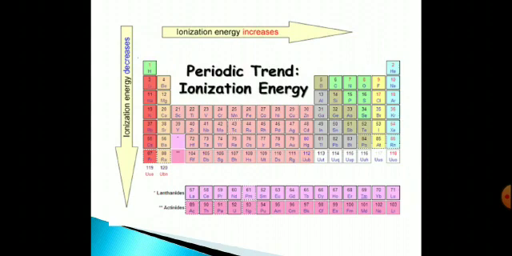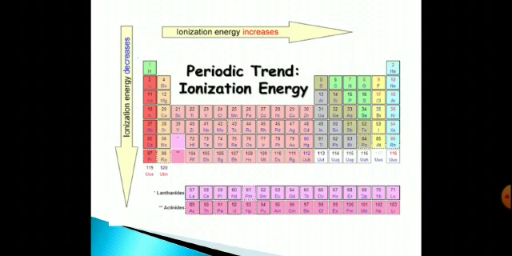Let's see the periodic trend in ionization energy. Ionization energy increases across the period and decreases top to bottom. Why? We know that atomic size decreases from left to right in a period, and also atomic size increases from top to bottom in a group. So when we move from left to right in a period, the atomic size decreases.